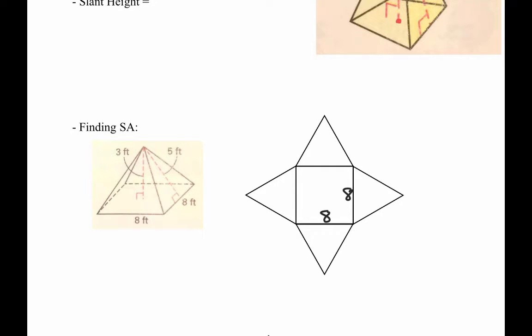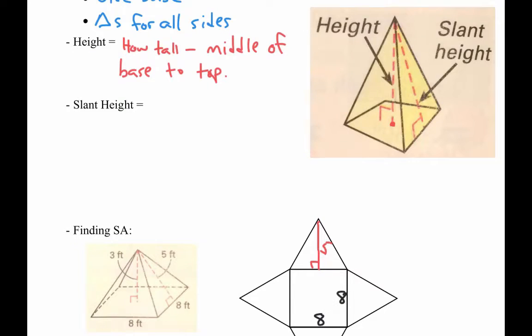And now the heights of the pyramid. So if you wanted to say, all right, what's the height of my pyramid right here? That's going to be the 5 for the height. So for slant height, you could say that's the height along a side.